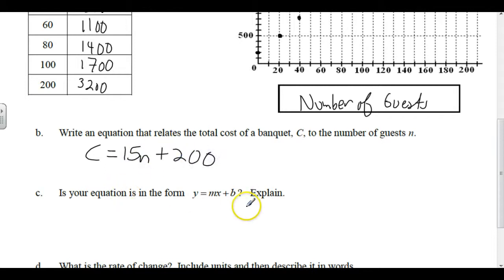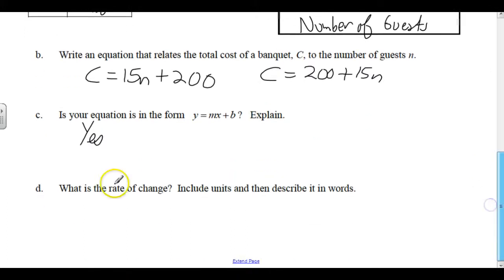Is your equation in this form? Yes. Although maybe somebody would have written C is equal to 200 plus 15N, in which case, no, but it could be rearranged, so yes, it is. What is the rate of change? $15 per guest.